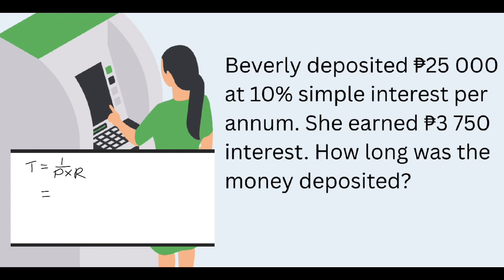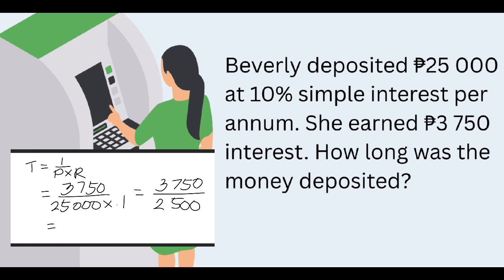wherein the simple interest is 3,750 pesos and the principal is 25,000. And we will multiply it to rate, which is the 0.1. So 25,000 times 0.1 is 2,500.